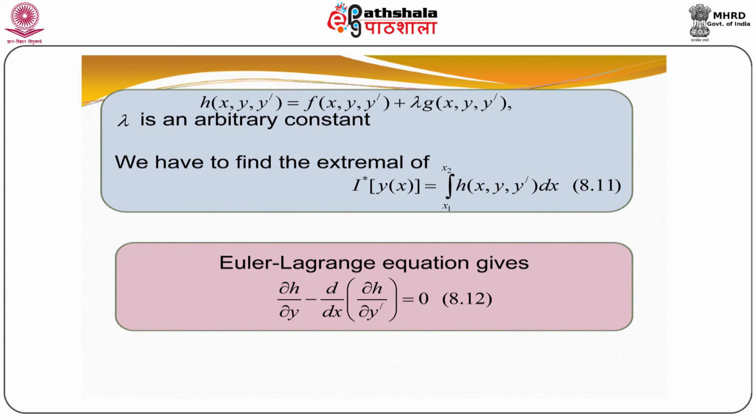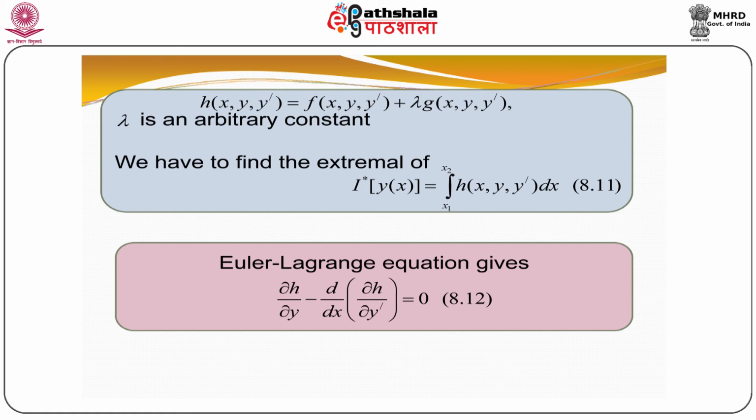To solve this problem, we use the method of Lagrange multipliers. For this, let us form a function h(x, y, y'), which is given by f(x, y, y') plus lambda times g(x, y, y'), where lambda is an arbitrary constant.